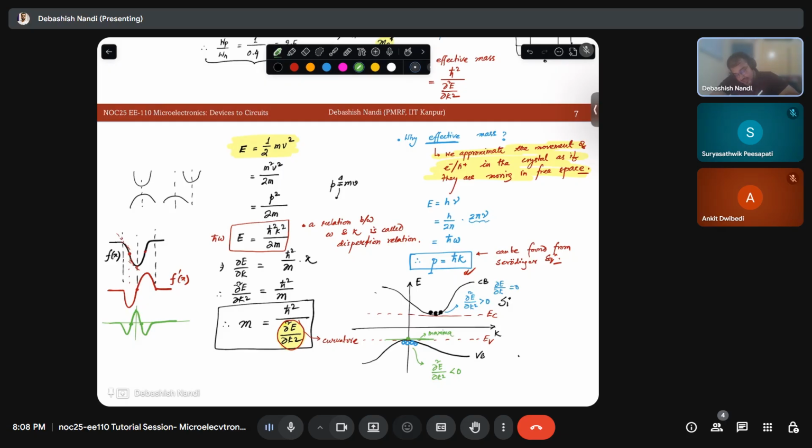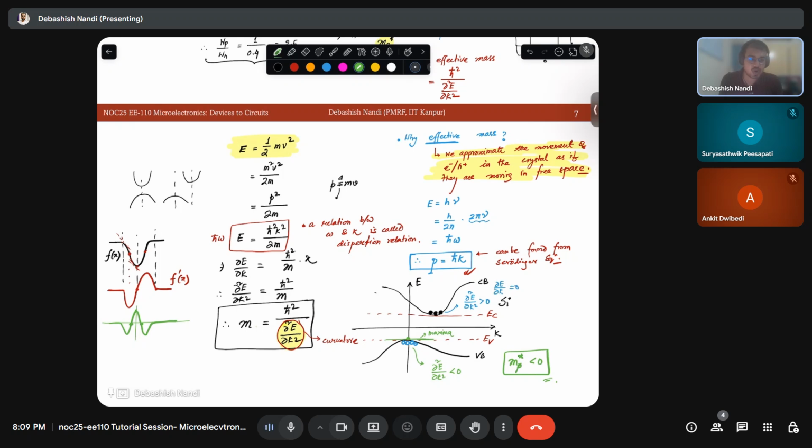So you see that the m star of p is negative. Right? Your holes are quasi particles. These are not real particles. Okay, this is just the absence of electrons.